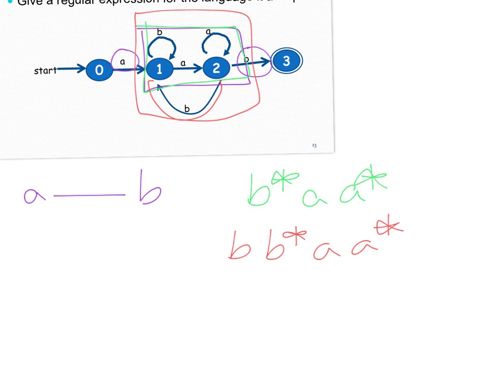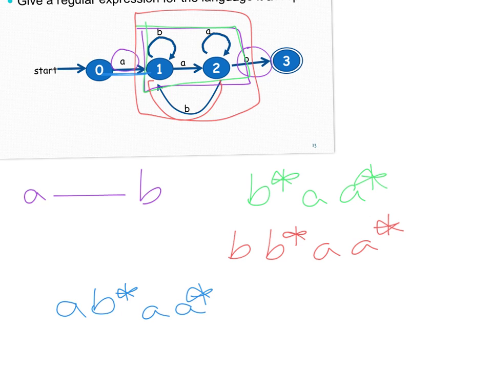So, like I said, we have to start with an A no matter what. And then in the middle, we have to have a B star, A star. And of course, by have to have the B star part, it could be no B's at all, right? We could skip that, but B star includes lambda, so we've got an A, 0 more B's, an A, 0 more A's, and now we're at state 2.